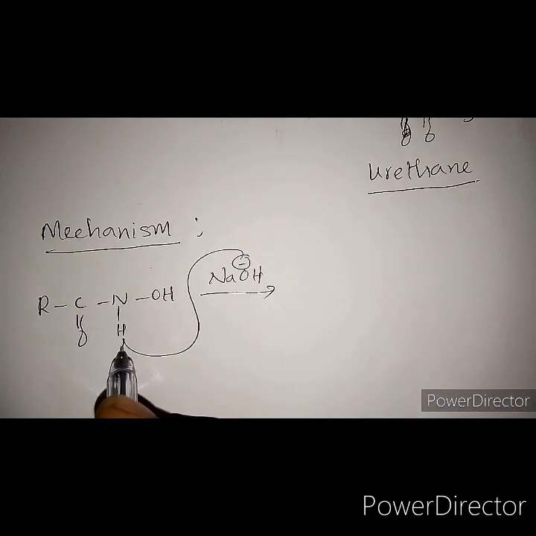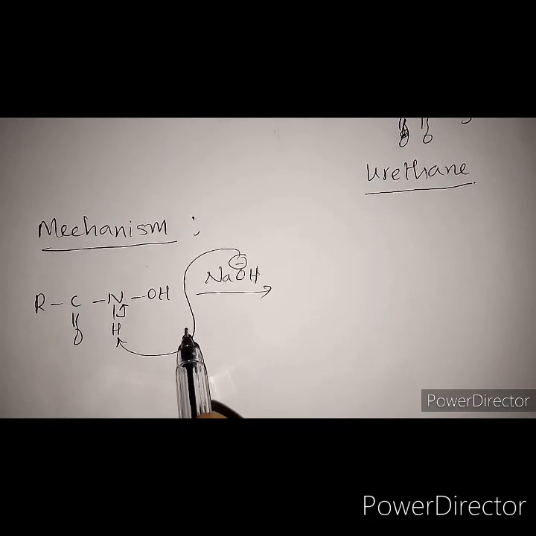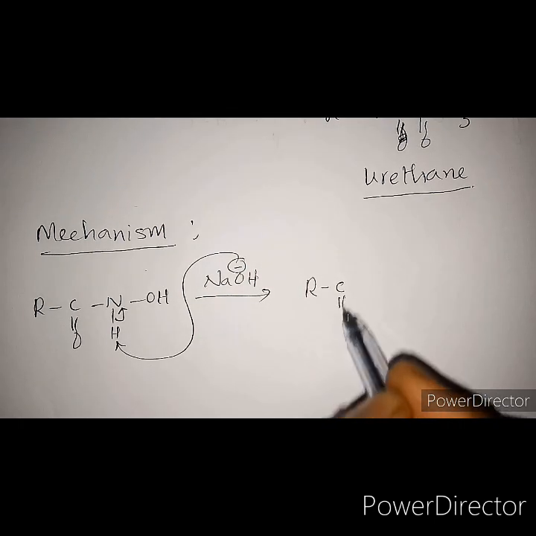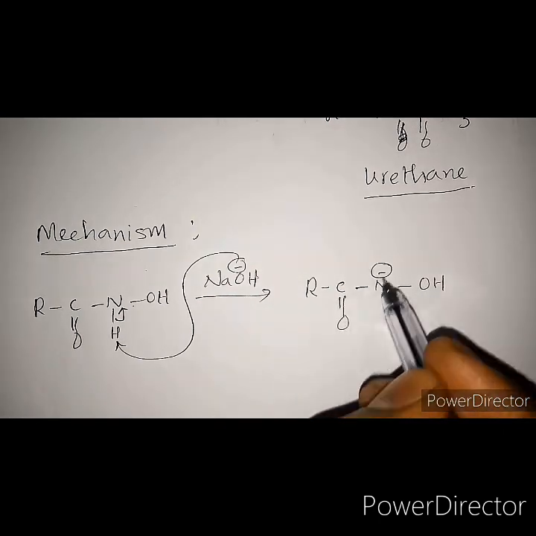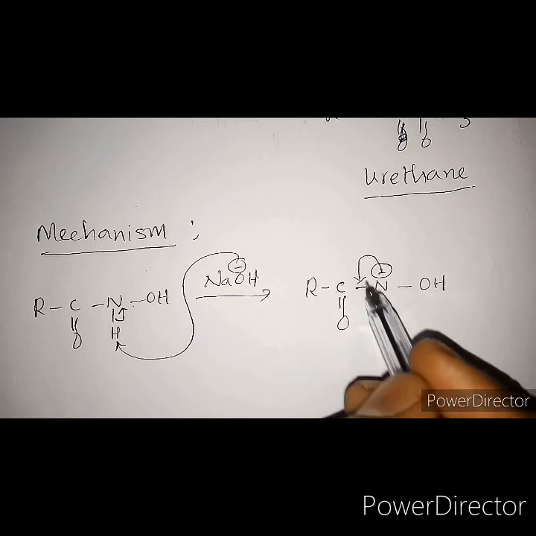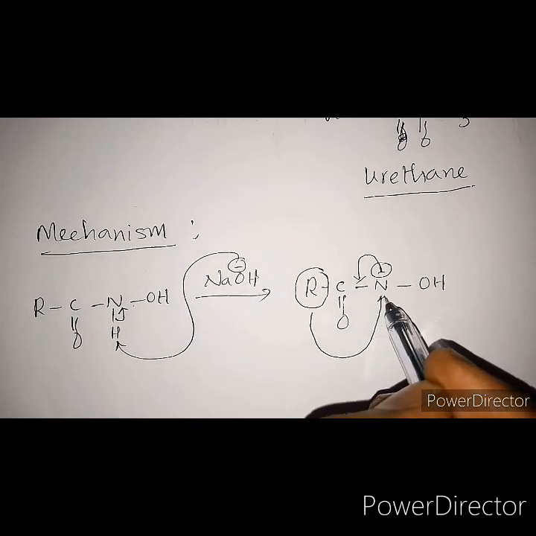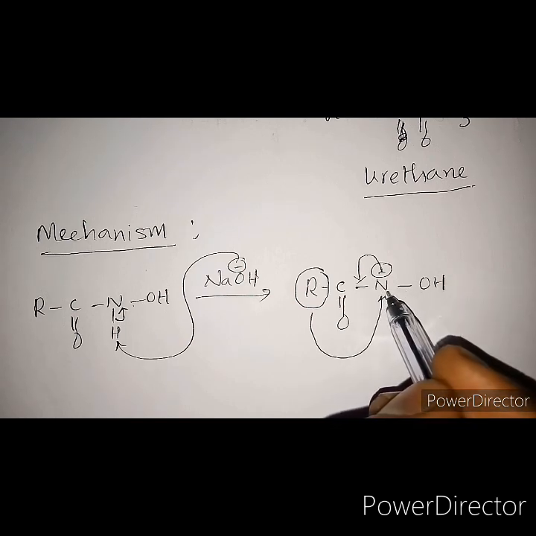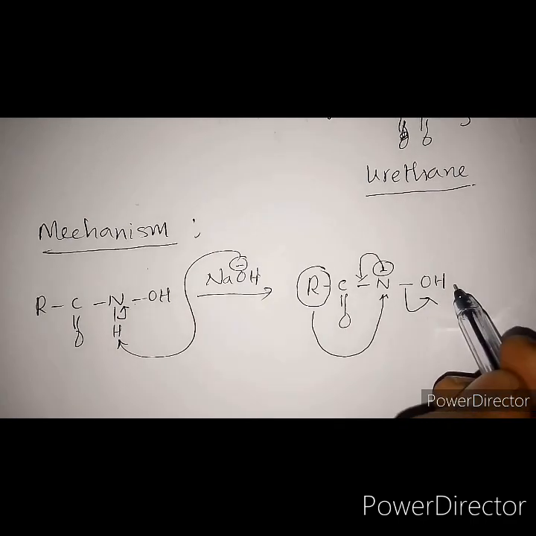This will take up the H from the nitrogen, and the electrons will be added to nitrogen to create a negative charge. I will get RCON minus OH. Now this negative charge makes a pi bond. Once it makes a pi bond, the R group migrates to the electron deficient nitrogen, and once it migrates to the nitrogen, the OH will eliminate.